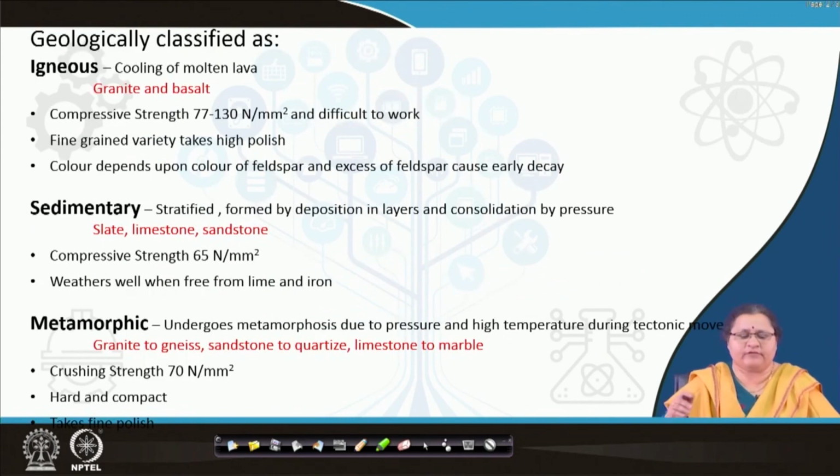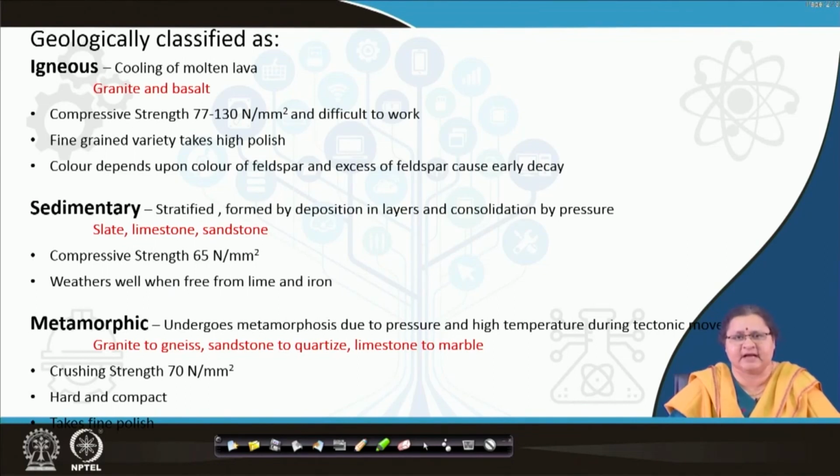So, if we go further into the geological classification, that is the igneous, sedimentary and metamorphic rock, we will see that igneous rock is nothing but cooled molten lava, and it is usually the granites and basalts. Needless to say, it is the hard form, it has a high compressive strength, as you can see 77 to 130 Newton per millimeter square, and it is very difficult to work.